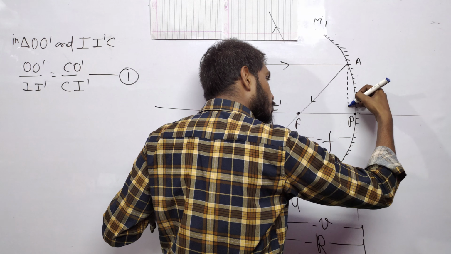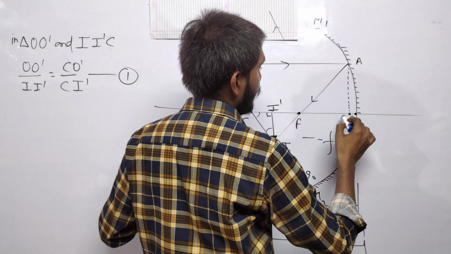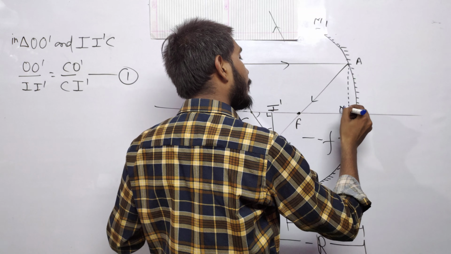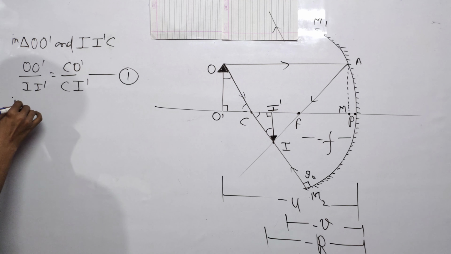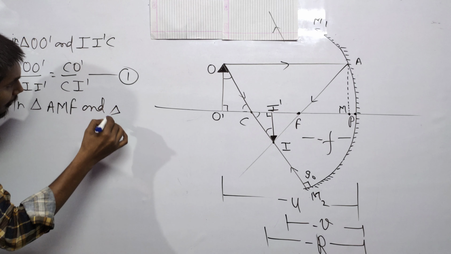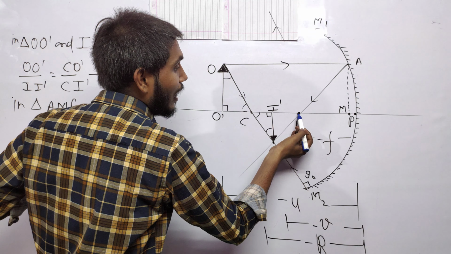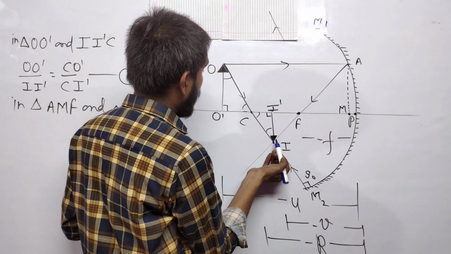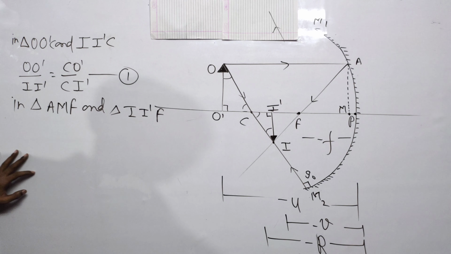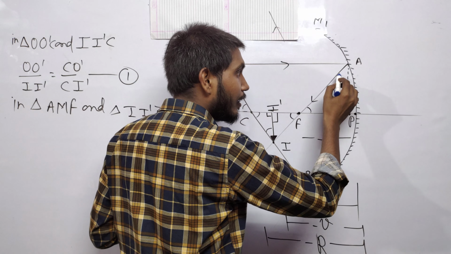And now take a perpendicular which meets this point at D, or M. Take triangle AMF and triangle O dash C I dash F. Vertically opposite, 90 degree, remaining angle.